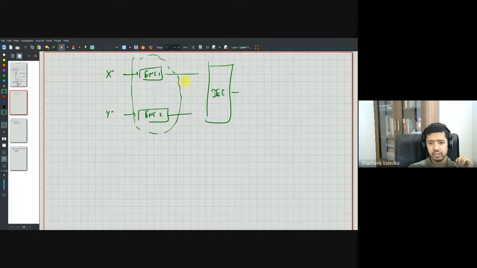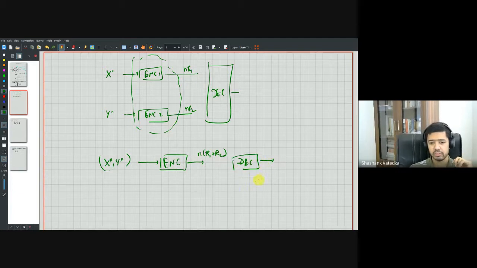Let us suppose that instead of transmitting n R1 bits and n R2 bits, you just merged these two sources. You merged these sources and designed one encoder, and you transmit n times (R1 plus R2) bits, and the decoder just decompresses this.